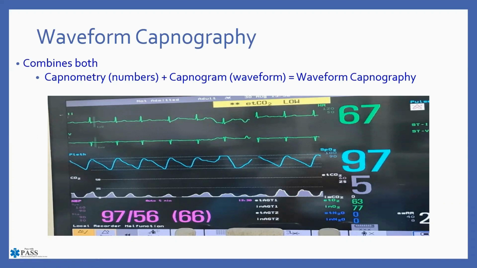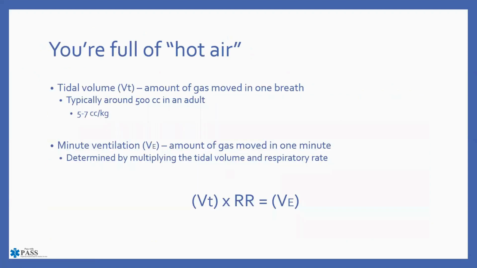Under normal conditions, this mean arterial pressure should be somewhere around 90. That's what you probably would typically find in a normal, healthy adult. So if you're seeing mean arterial pressures of 66, somewhere in that area, then they're probably not perfusing very well, which is why we are in fact getting the capnography number of 5 based on our digital printout here.